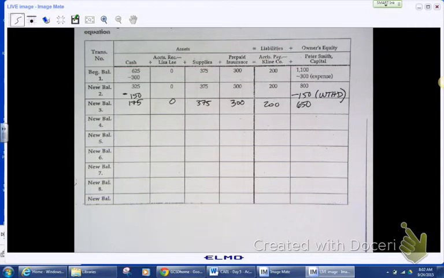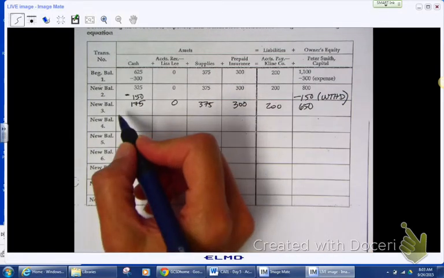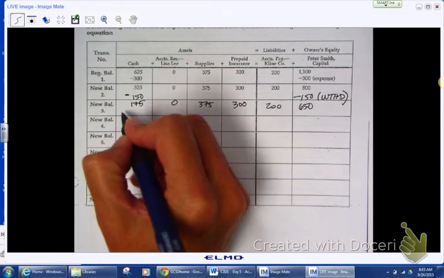Next one. Let's see, who do we have next? Oh, Dylan. Received cash from sales, $800. What are the two accounts that are affected? Good. Cash and owner's equity in the form of sales. And how much was it? $800. So what's going on with our cash account?